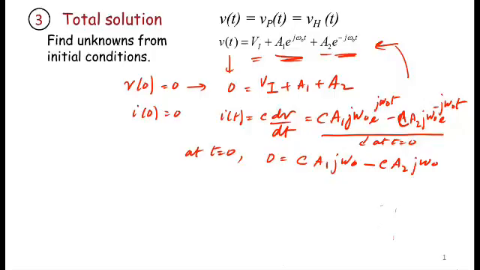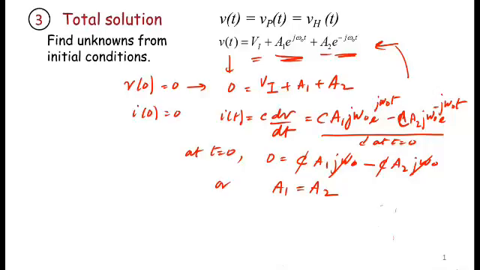I can simplify that. C and C cancel out, j omega naught and j omega naught cancel out. Wow, that is pretty simple. So I get A1 equals A2. From I of 0 equals 0, I get something very simple.